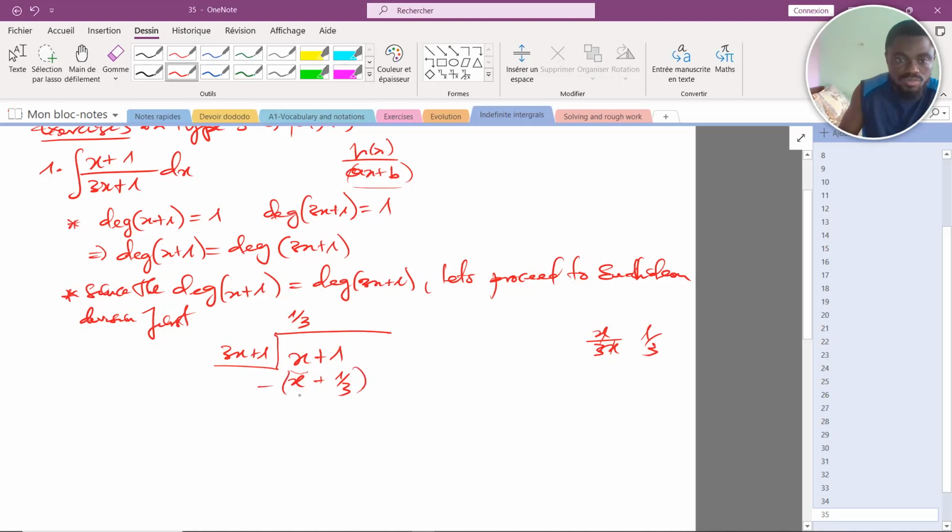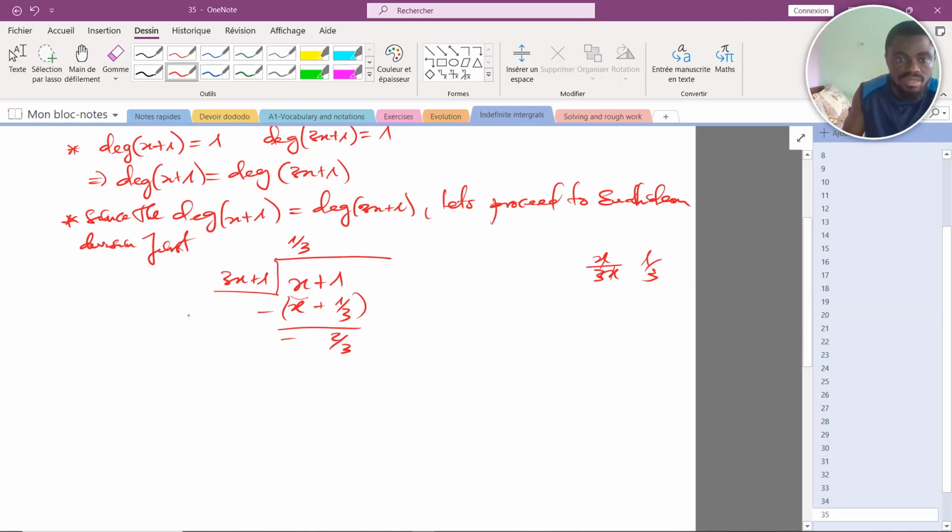So I'm going to subtract, the x will go and I will be left here with 1 minus 1/3, which is 2 on 3. That's 2 on 3. That's it now. So we are to stop here because there is no more an x under here.